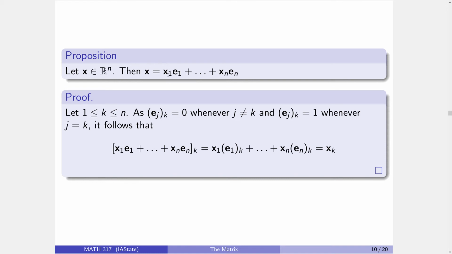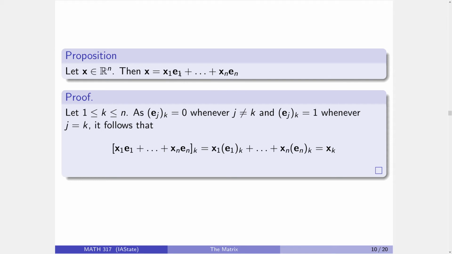So if I look at the kth entry of this summation, well, that's what it looks like, and everything is 0 except for one thing, which is x_k. That's it.